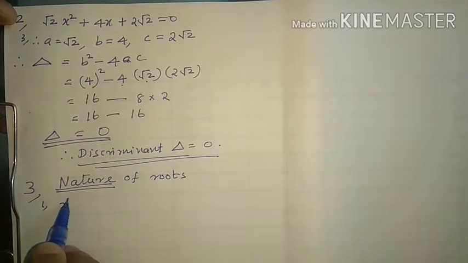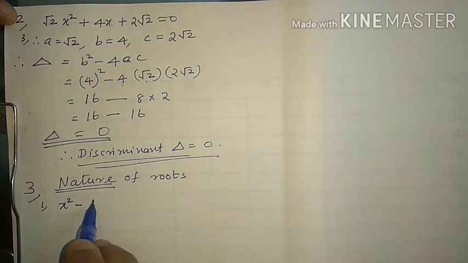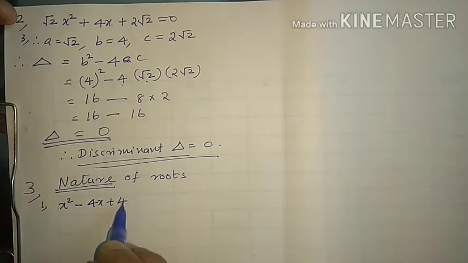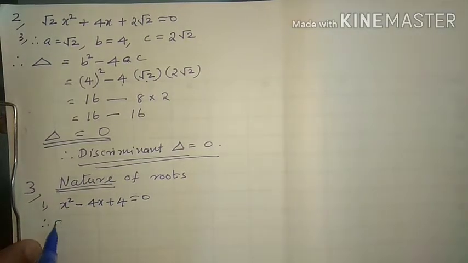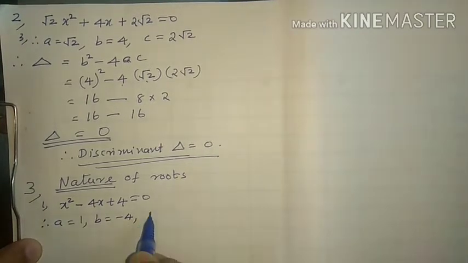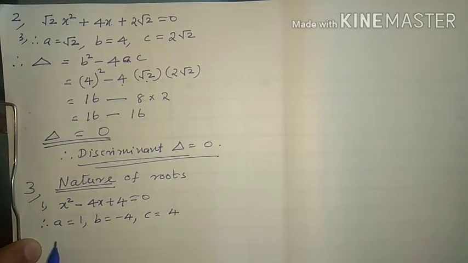First equation is x square minus 4x plus 4 equal to 0. Therefore here a is 1, b is minus 4, c is 4.